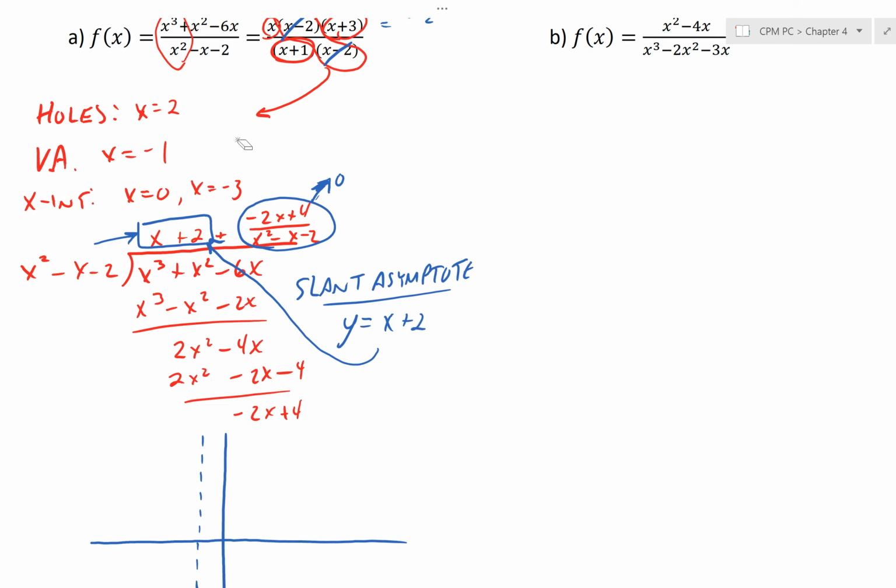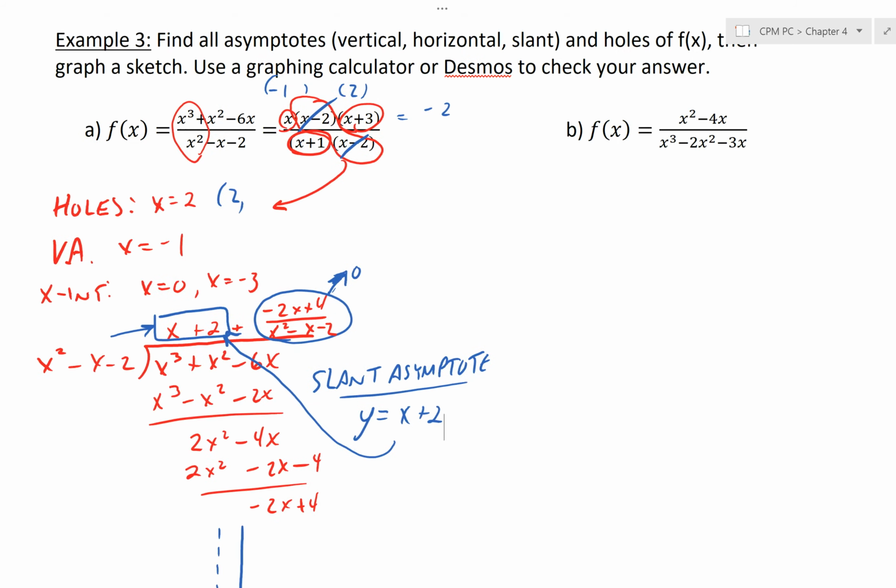Yes, sorry, I was looking in the wrong place. The hole is at 2, so I would plug in 2, and that would give me 2 times 5 over 3, so that is 10/3. So the y value is 10/3.